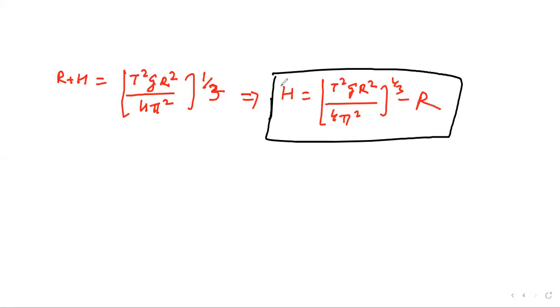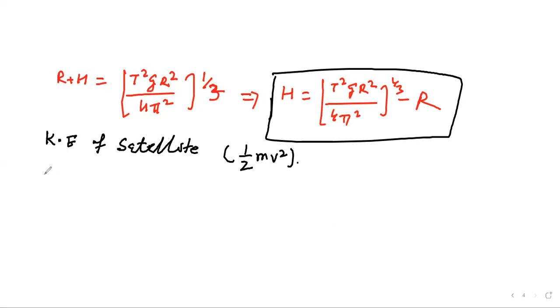Now we have to find the kinetic energy and potential energy of the satellite. KE, kinetic energy of the satellite. You know the formula for kinetic energy, it is half mv square. And what is the formula for potential energy between two objects?